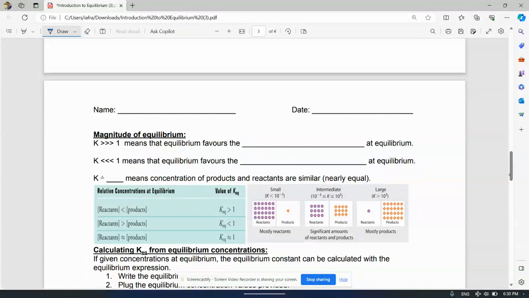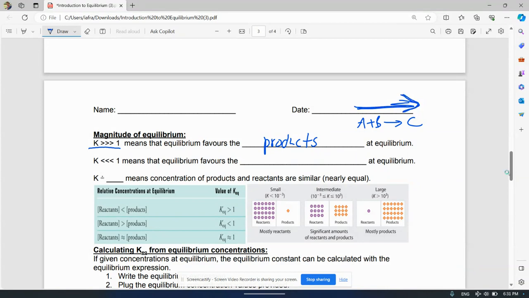So if you have a K value that's greater than 1, we usually say much greater than 1, that means that the equilibrium is going to favor the products at equilibrium. What that basically means is that, if you have A plus B produces C, by the time equilibrium is reached, you'll basically have more product than reactant at equilibrium, okay?